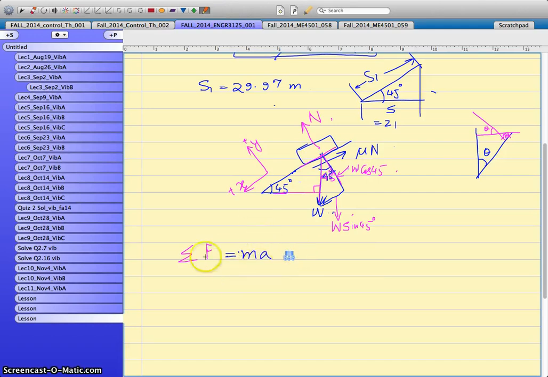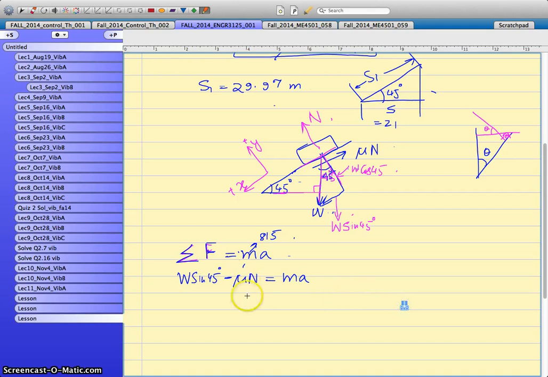All the forces in the x direction are equal to mass times acceleration. The mass is 815. So what are the forces? One is the mu n, one is the W sine 45, agreed, is equal to mass times acceleration.